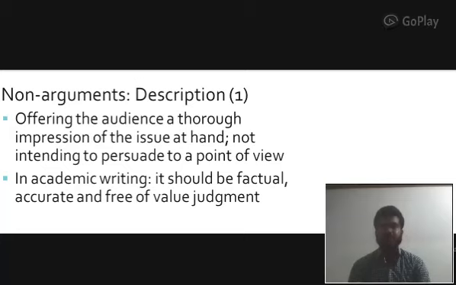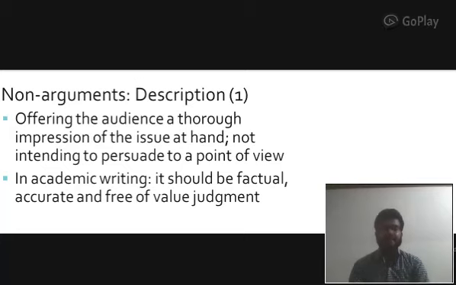For instance, if you are at a place and you observe an activity happening before your eyes and you describe it, this is not an argument. So what instead you need to do is you need to think about it carefully and then understand why something happens the way it does.